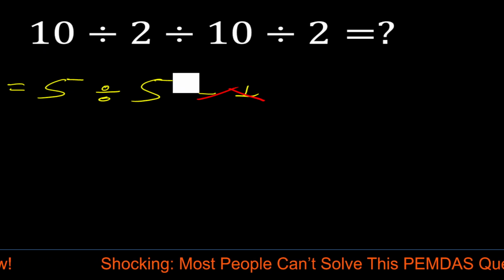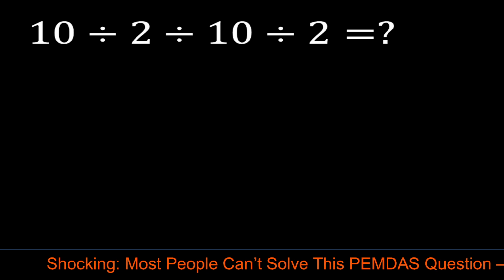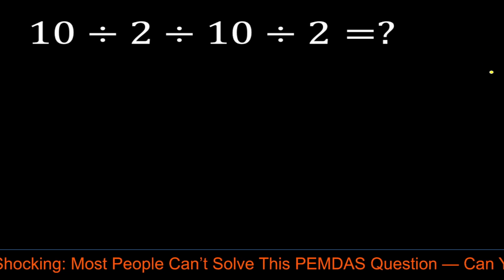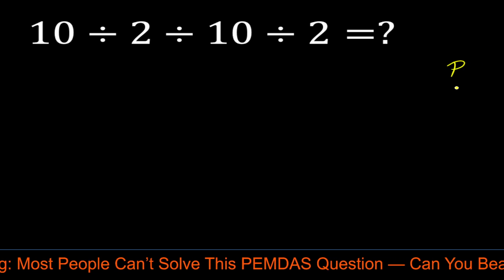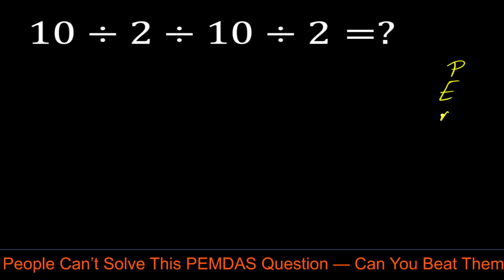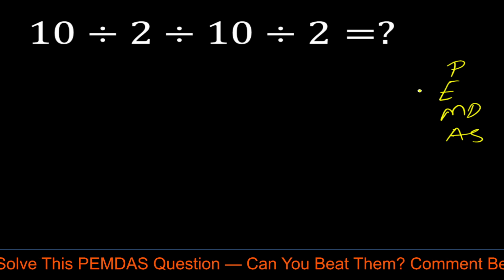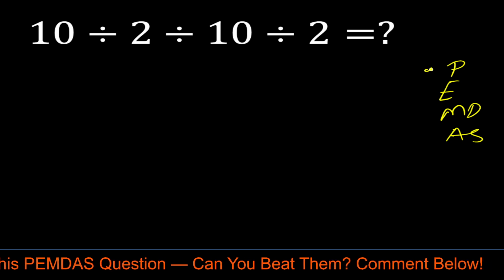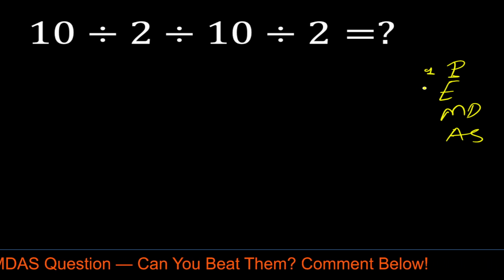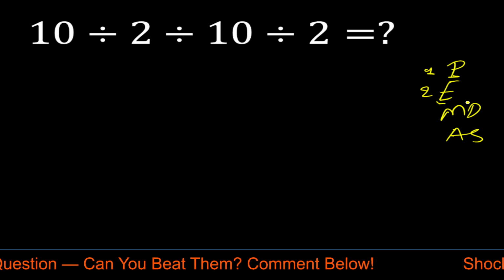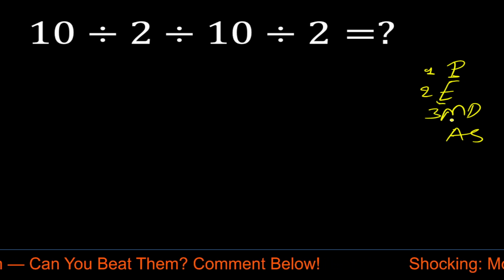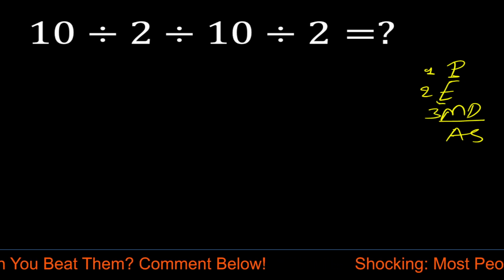Now let's solve this problem correctly by using the PEMDAS rule, right? So PEMDAS. According to PEMDAS, first priority is parentheses, then second priority is exponents, then third priority is multiplication and division.